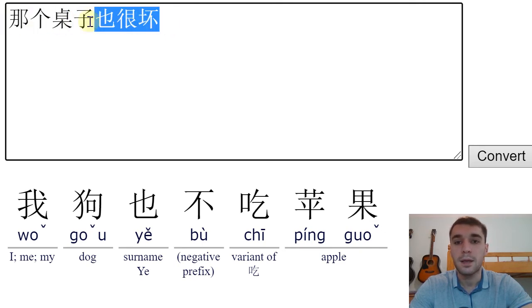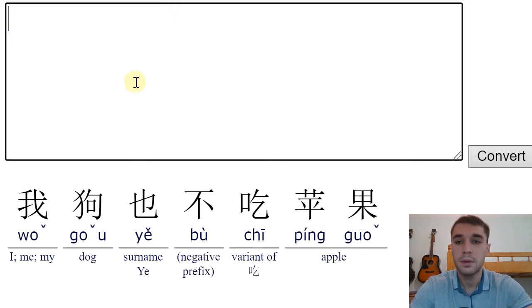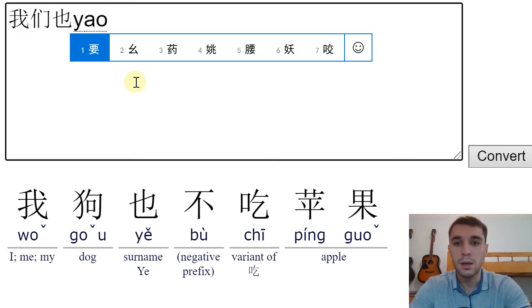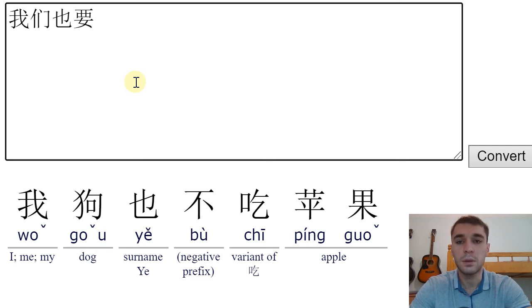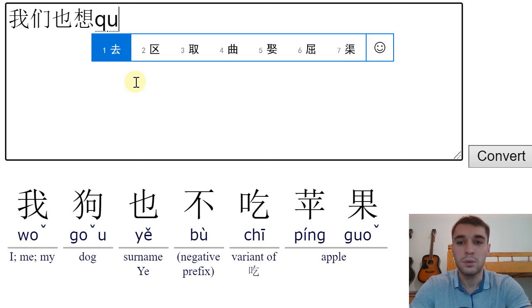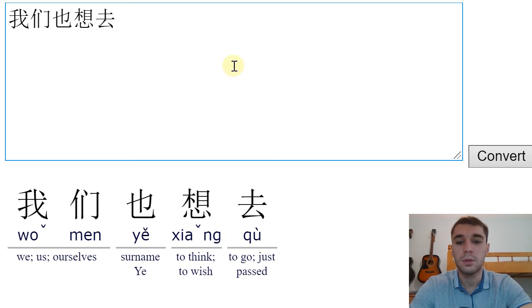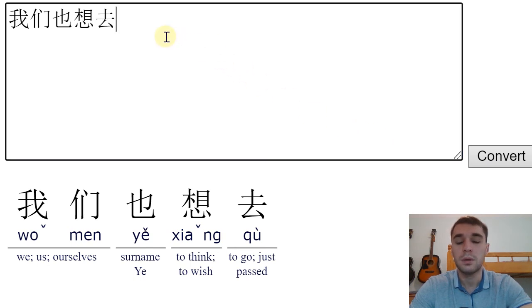I didn't explain this to you, but we will talk about it a bit later. Now say for me, we also want to go. How to say? 我们也想去, we also want to go. Where do we want to go?